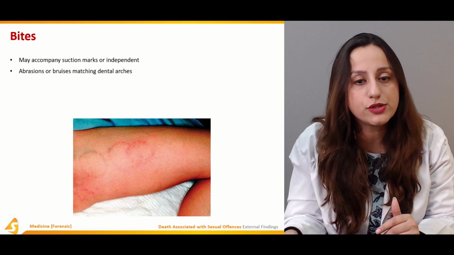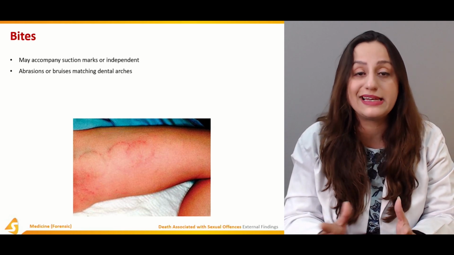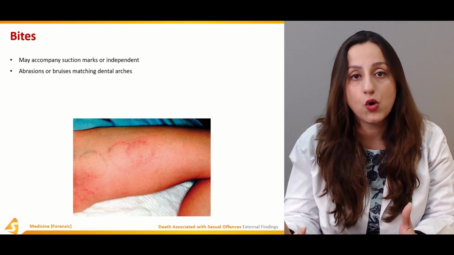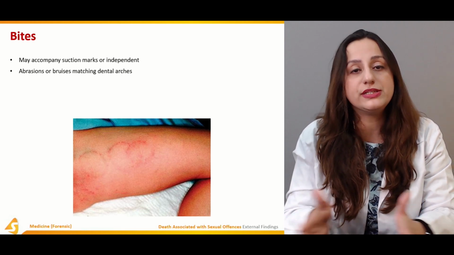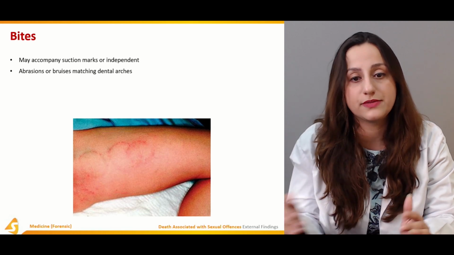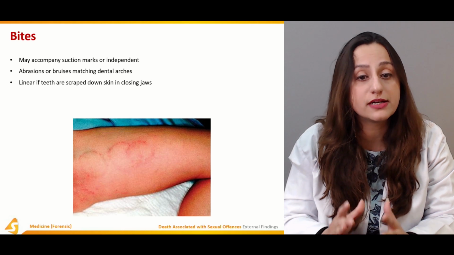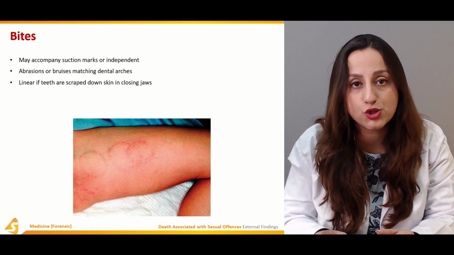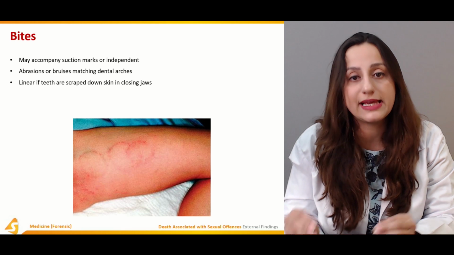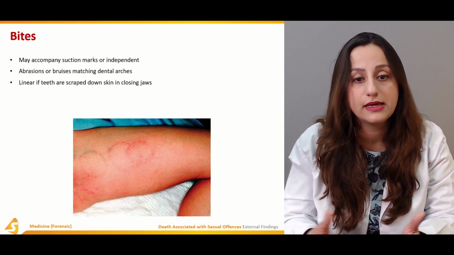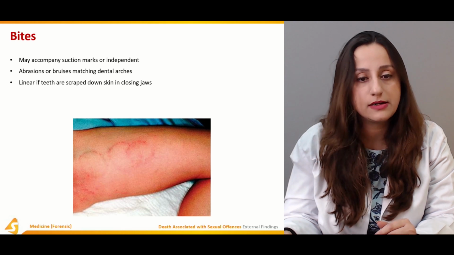The abrasions or the bruises may match the dental arches of the assailant. If we have a suspect over there, we can match the dental arches of the suspect and the bite marks. The linear teeth, if they are scraped down the skin in the closing jaw, can relate to the assailant's jaw, and that is going to add to the evidence that we can find on the victim.